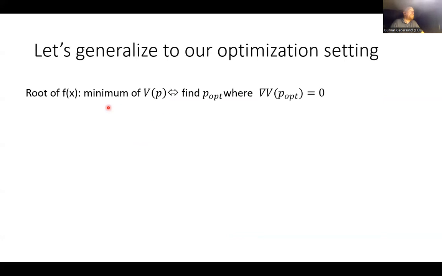Now let's come back to the optimization problem that we want to solve. We want to estimate the parameters. We want to minimize the cost function. And the basic idea is that if you want to have a minimum for something, that's the same as saying that the derivative, or if you are in a higher dimensional situation, the gradient, is equal to 0.